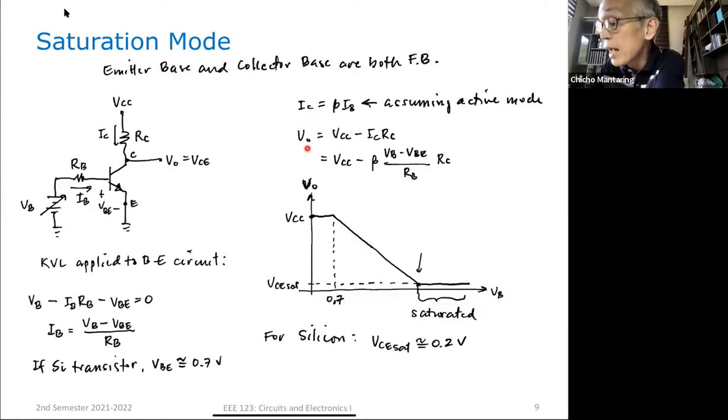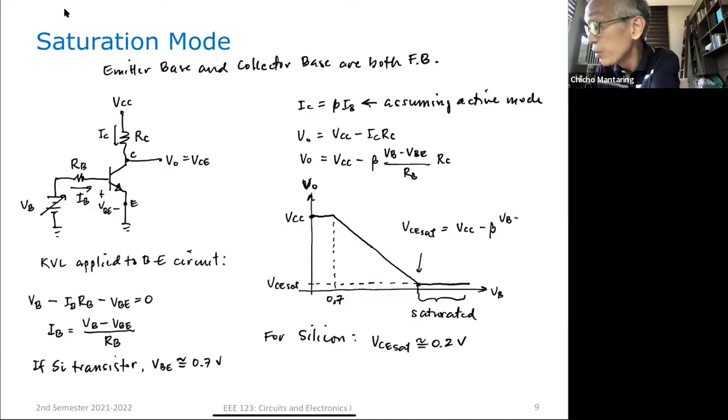When this expression of V sub O is equal to VCE sat, VCE sat is equal to VCC minus beta times (VB minus VBE) over RB times RC. You can compute the value of VB in which this will happen. Or you can compute the value of IB in which this will happen.